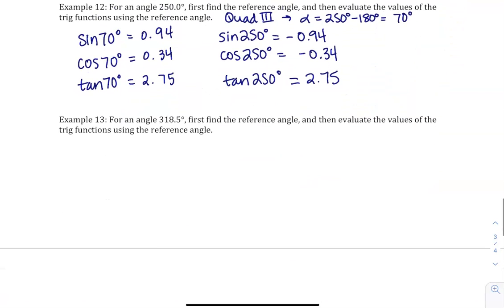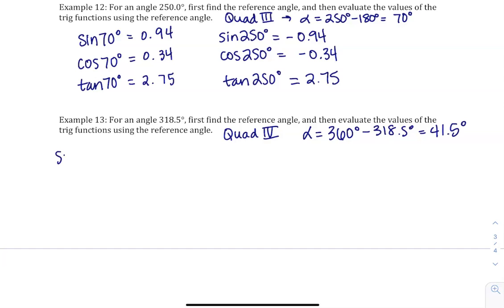Let's do one more of these just for good measure. If we have the angle 318.5, that is in quadrant 4. So to get our alpha, we'll do 360 degrees minus the given angle. So we're looking at an alpha, a reference angle, of 41.5.